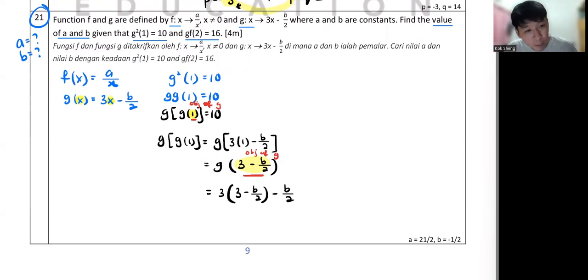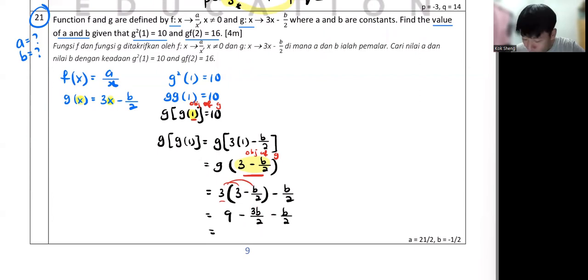So open bracket, simplify. The 3 have to times into the bracket, 1, 2. 3 times 3 is 9. 3 times B over 2, times on top. Can continue simplify.